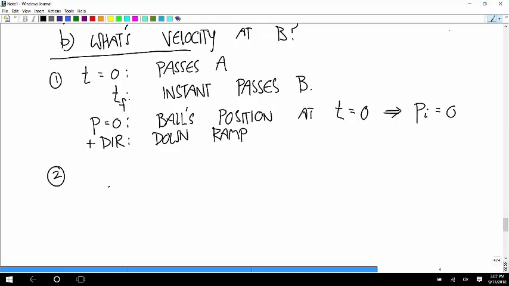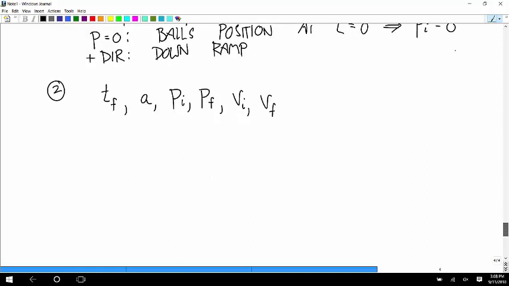And now we'll list out the variables: time final, acceleration, P initial, P final, V initial, V final. And we're going to figure out which of those we know and which ones we want. Okay, so time final. Do we know that? Yeah, we do this time. What's that? Okay, 1 second.